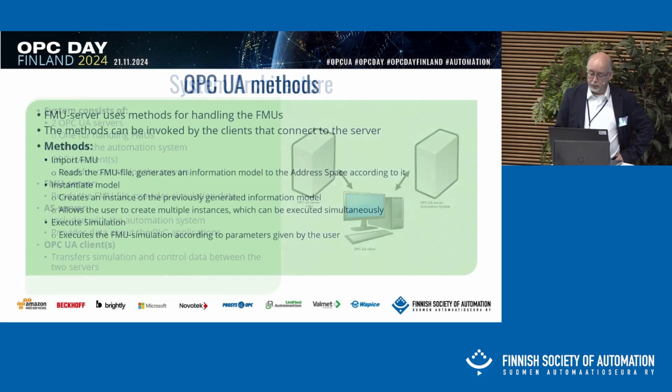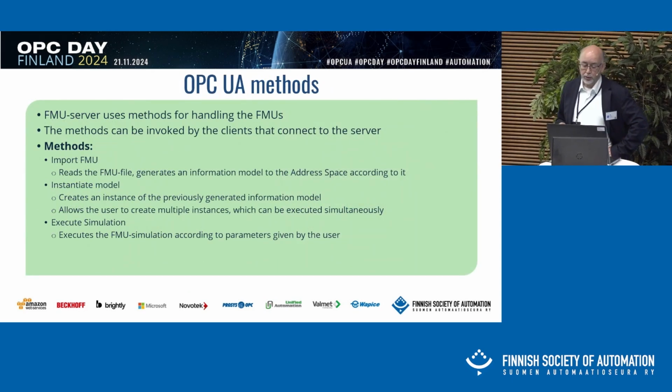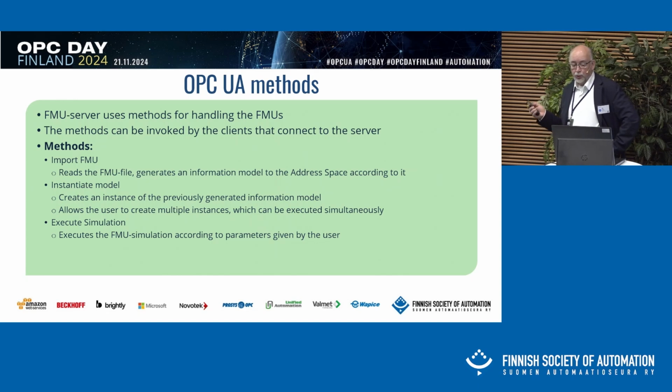And how was that implemented? The FMU server uses server-side methods, so you can import the FMU. It's a zip file, so it gets the FMU file and the description XML, and it loads them into the address space as a model instance.